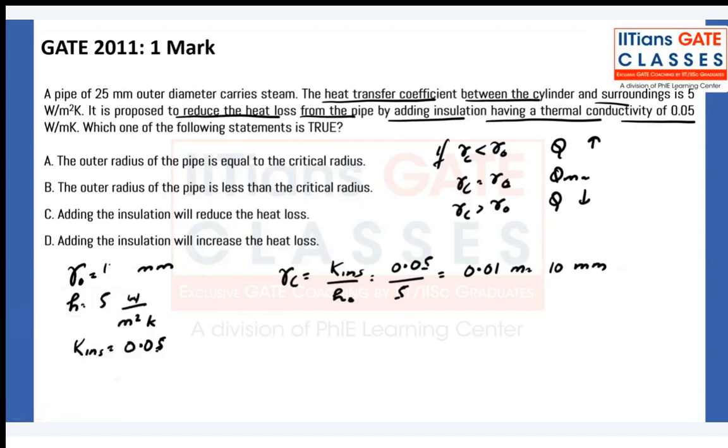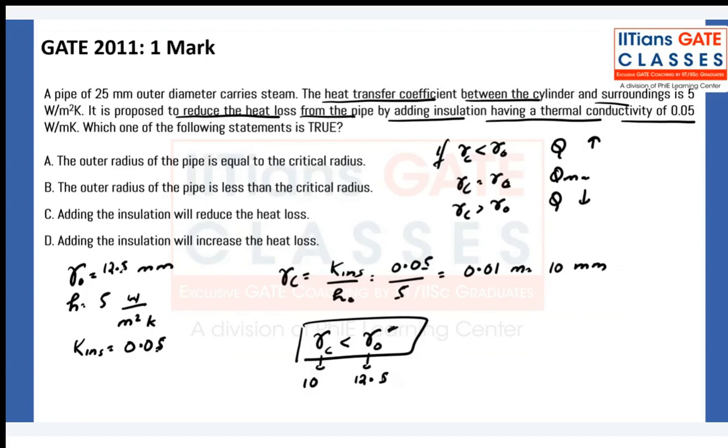So the critical radius is less than the outer radius, because this is 10 and this is already 12.5. So adding the insulation will reduce the heat loss. It is already at R naught.